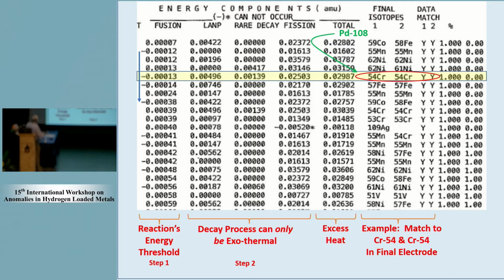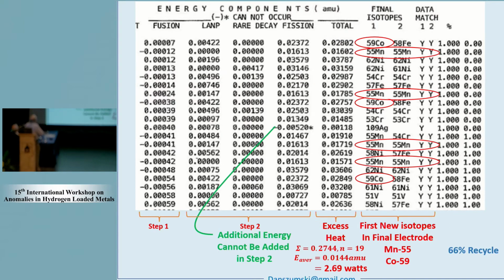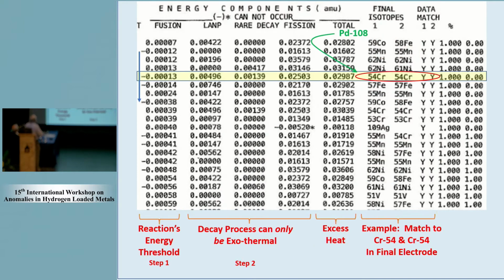So what we've got here is our equations all ordered by increasing energy. And I'm printing out the energy balance. So given the equation, I can calculate what kind of fusion energy is required to cause the fusion.